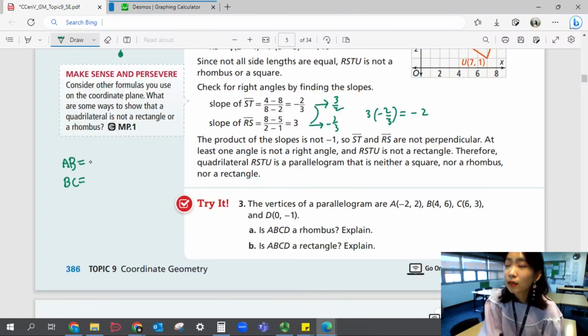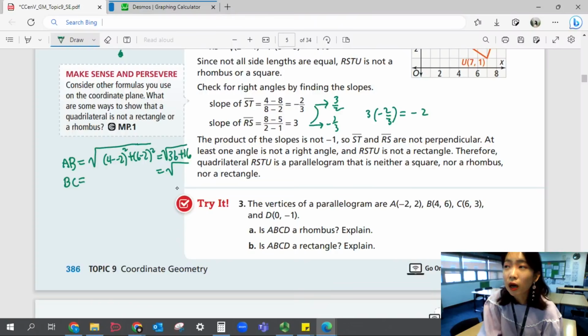Okay. So first of all, we want to figure out if AB and BC are congruent. So AB, using the distance formula: 4 minus negative 2 squared plus 6 minus 2 squared, which is equal to 4 plus 2 is 6, squared, 36. And 6 minus 2 is 4. Squared is 16.